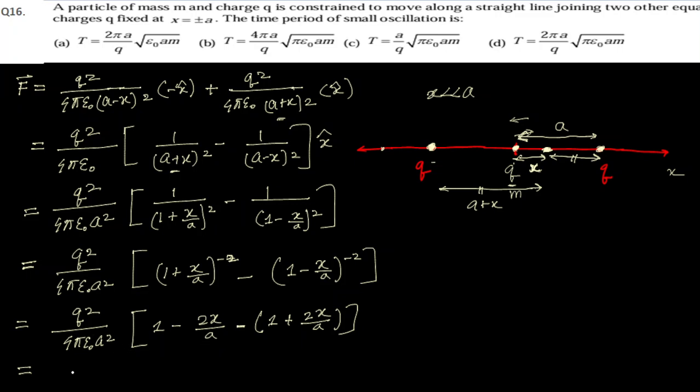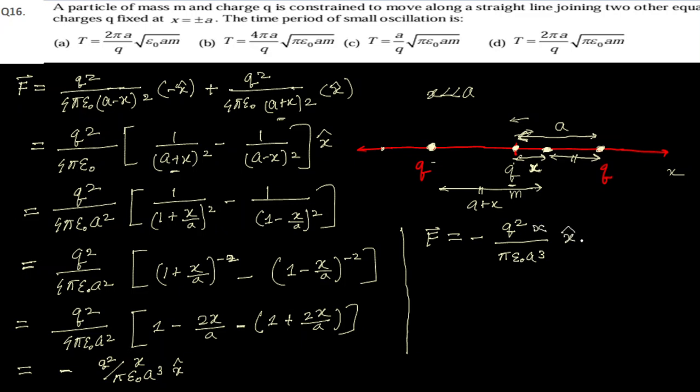So finally we'll get minus q square divided by pi epsilon naught a cube into x. So the net force on the charged particle after displacement is minus q square divided by pi epsilon naught a cube into x, in the x cap direction.